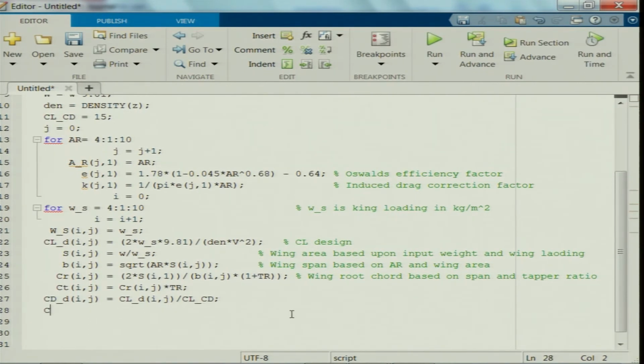So, CD naught I can estimate, CD naught of I comma j is equal to CD underscore design of I comma j minus K of j comma 1 times CL underscore design of I comma j squared.